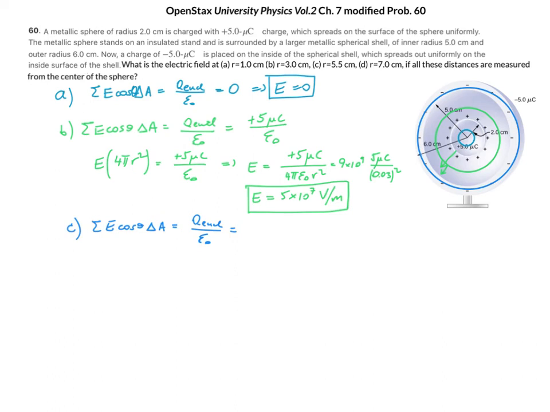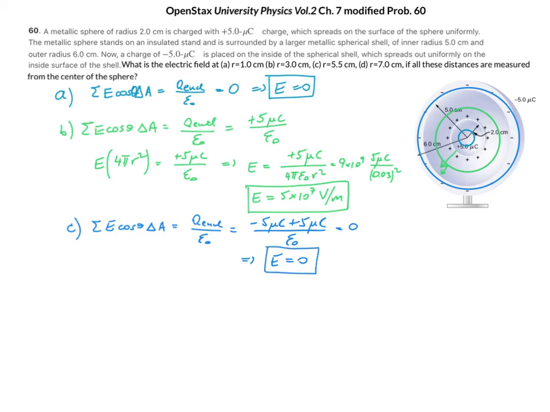So this will be negative 5 microcoulombs plus 5 microcoulombs divided by epsilon naught, and that is 0. So that means that the electric field at that location is also 0.